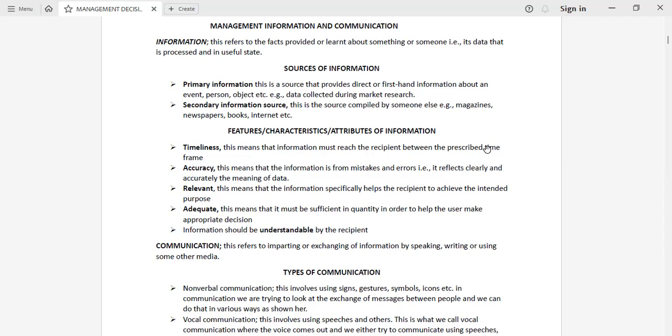Today we are going to begin our class. As we agreed, we are going to start with management information and communication.